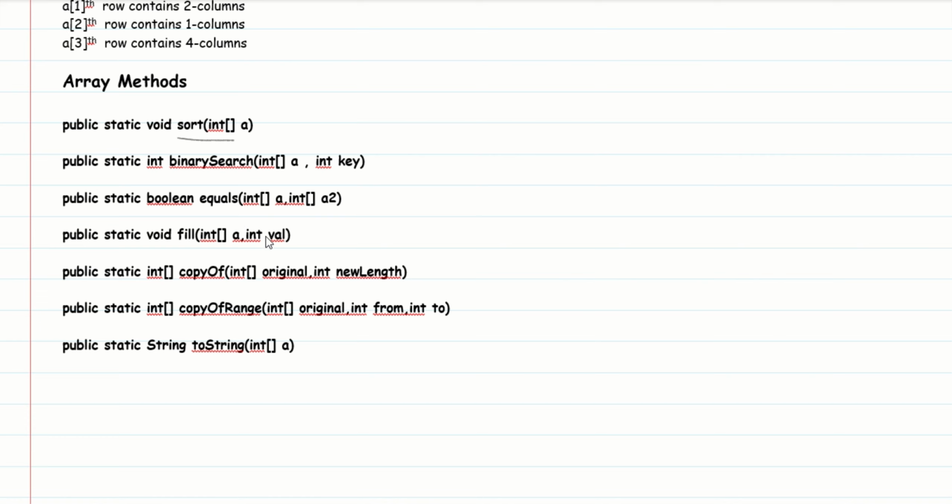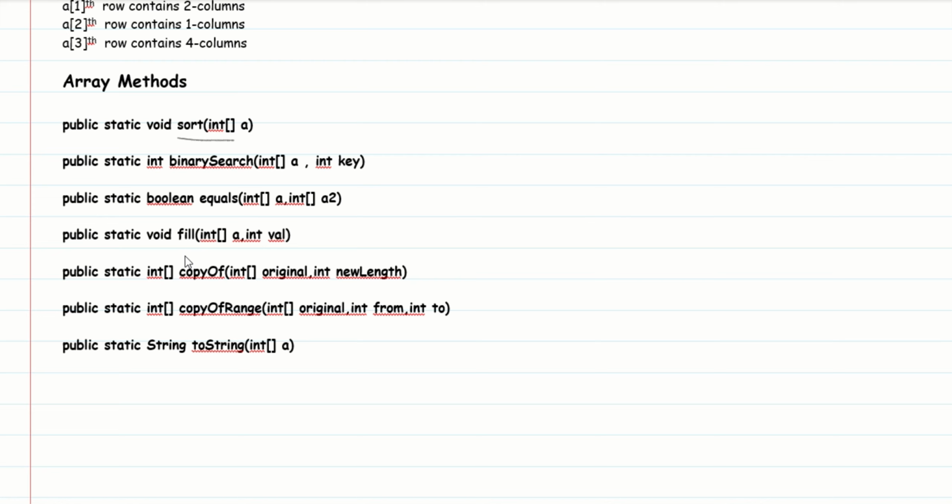Then we have fill and copyOf. Fill is to assign the specified int value to each element of a specified array of ints. Then copyOf copies the specified array, truncating or padding with zeros if necessary, so that the copy has a specified length.